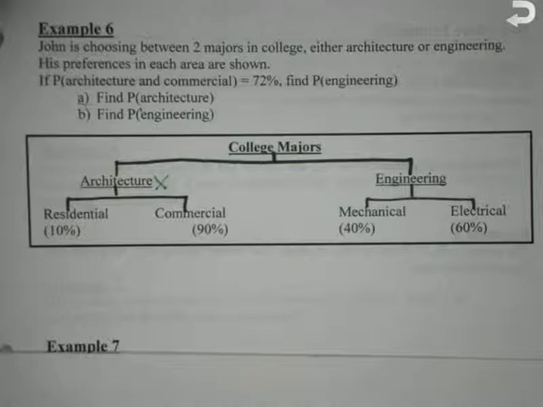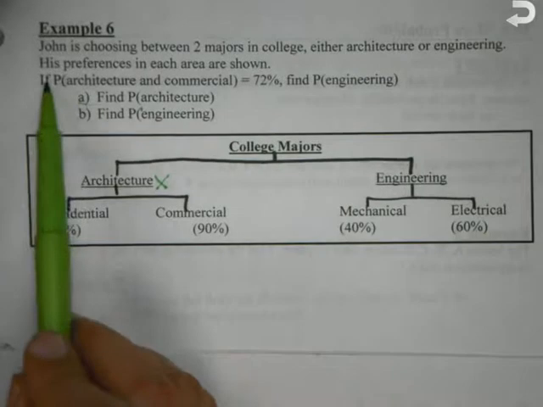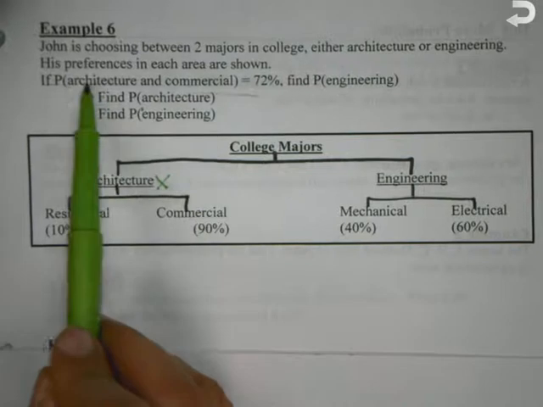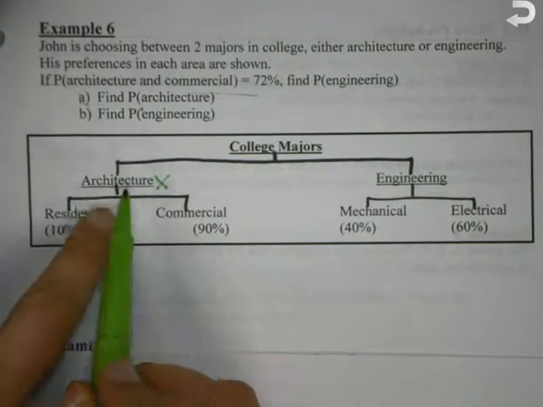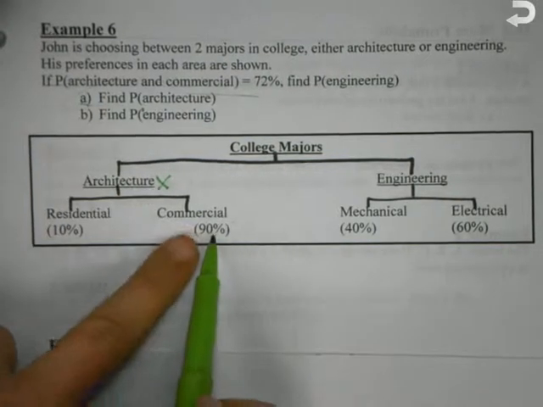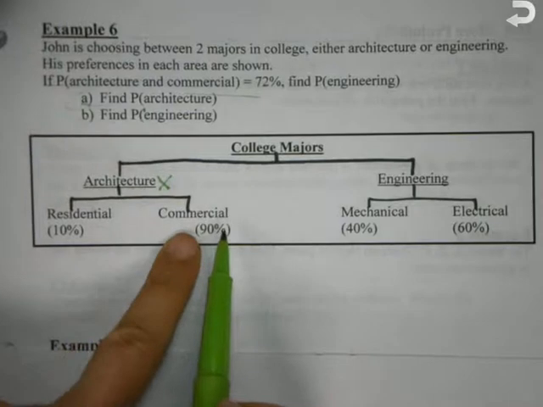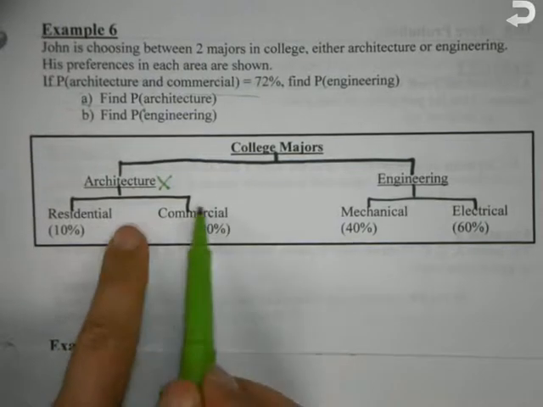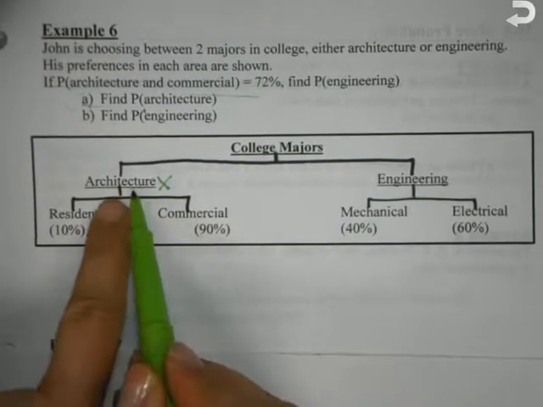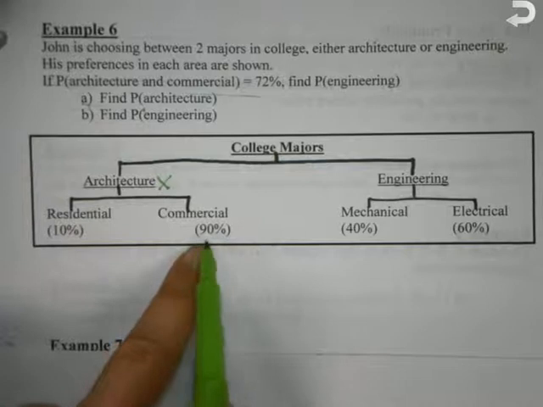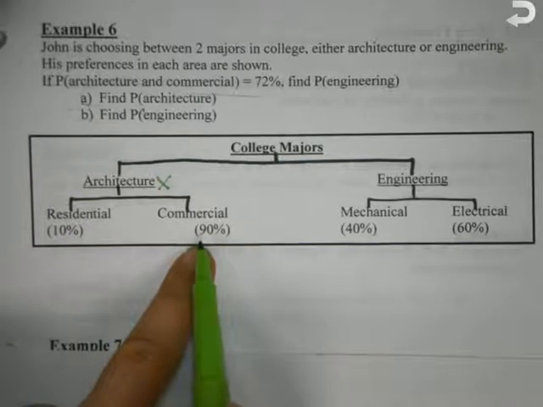Okay, but if he picks architecture for sure, he's 90% going to pick commercial, right? Does that make sense?